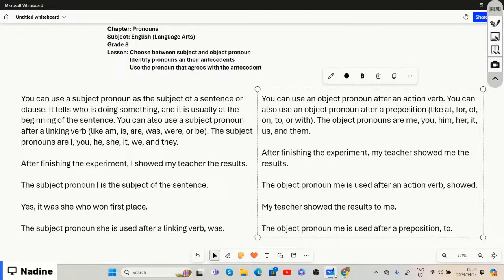And you can also use a subject pronoun after a linking verb, like am, is, are, was, were, or be.